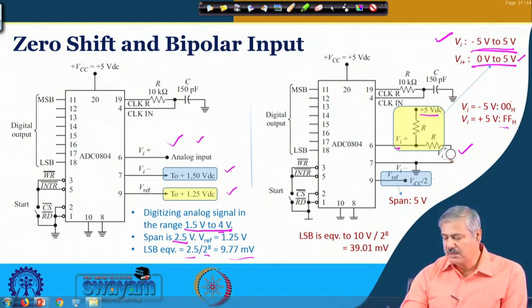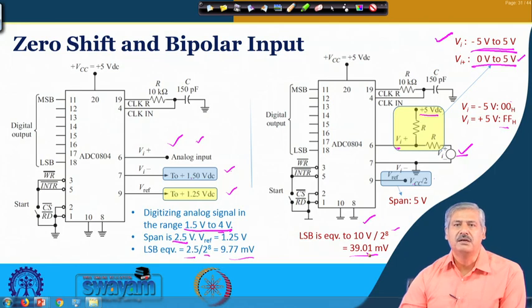Now, if you look at it from this Vi point of view, then the entire range is 10 volt, so 10 volt by 2 to the power 8, so 39.01 millivolt is the 1 LSB equivalent or the resolution that you get for this particular circuit. Is it okay? Right.